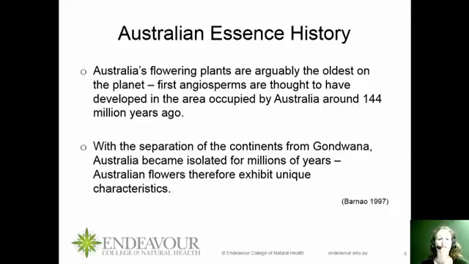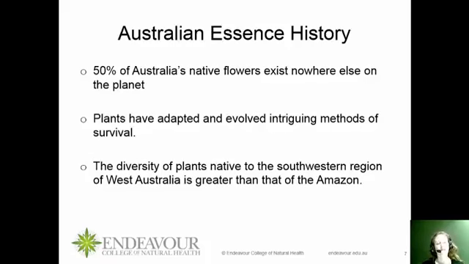Certainly separating of the continents from Gondwana, Australia did become isolated for millions of years, and as a result we have unique flora and fauna, some of which are only found in Australia and some of which have been spread since. But Australia has some really amazing plant species that aren't found anywhere else in the world, and it had a lot to do with the separation of continents some millions of years ago.